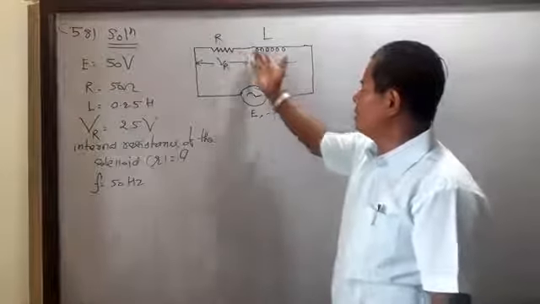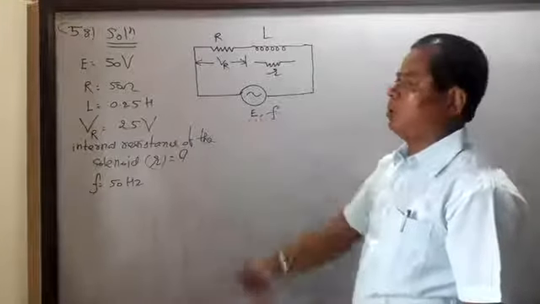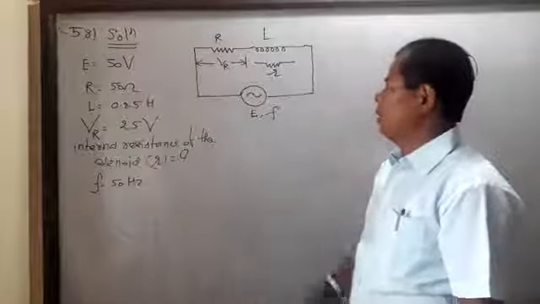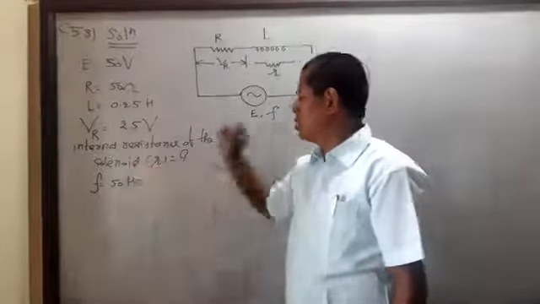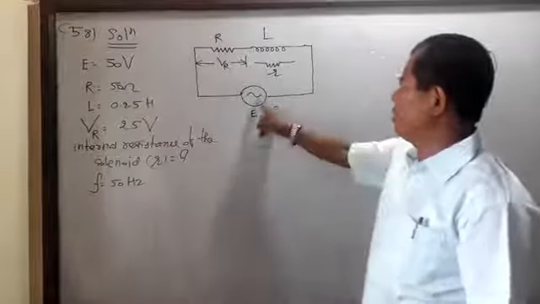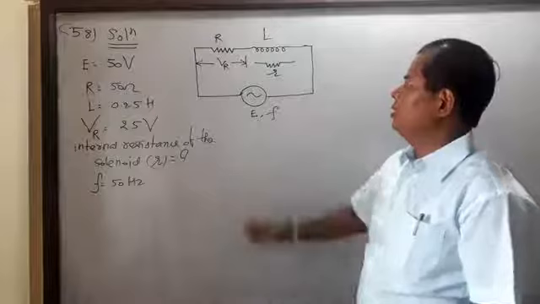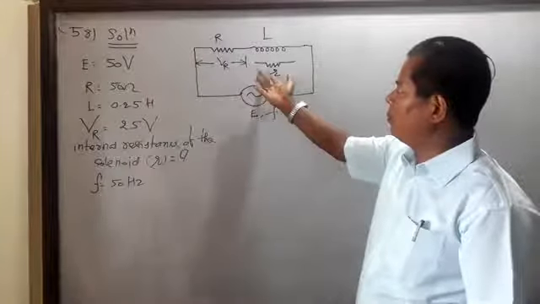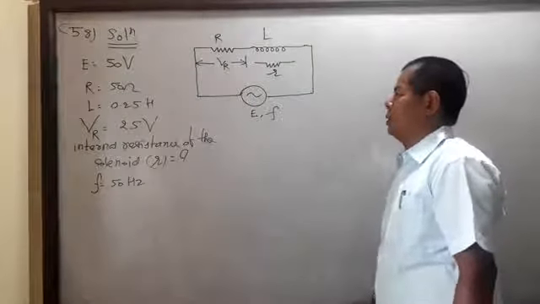These are connected in series with an alternating EMF of 50 volt. We have to find the internal resistance, small r. The frequency of AC is 50 Hz. Using this data, we have to calculate the internal resistance of the solenoid.